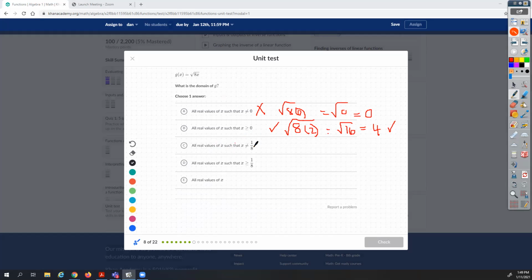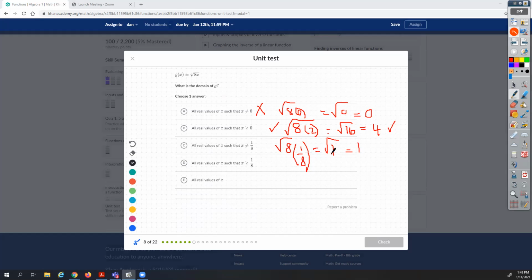All real values of X such that X is not equal to 1/8. Well, if we think about this here, we have 8 times 1/8. It's the same thing as saying the square root of 1, which is the same thing as 1. Okay?